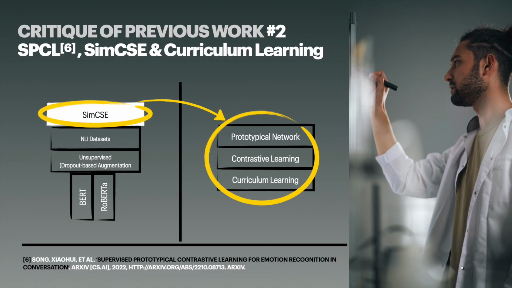The second paper analyzed was SPCL from 2022, where Song et al. introduced a contrastive loss function and used it to fine-tune the SimCSE model in an attempt to build an embedding space that increases distance between contrastive sentence representations as much as possible. Also, curriculum learning was used to ensure that each mini-batch would have enough positive and negative examples of each class, regardless of the batch size.